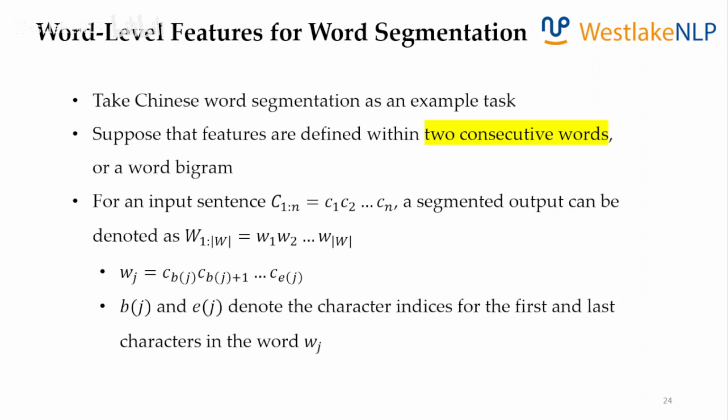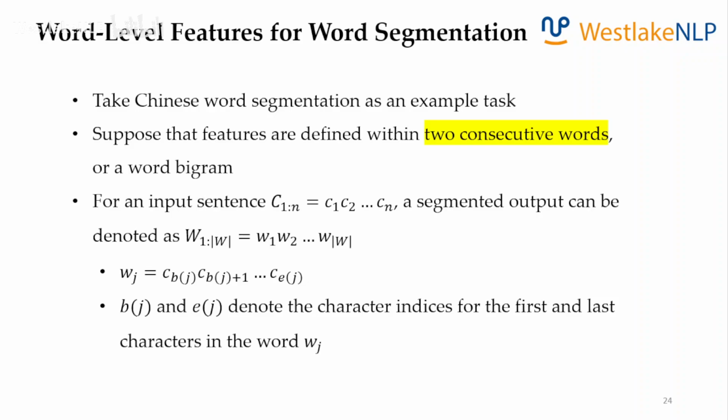They're functions: B means beginning, E means end, j is a parameter, and the return value is the character index. Let me give an example. If the input character sequence is these, and the first character is a word, the second and third characters are a word, then W2, when j is equal to 2, will be 昨天, yesterday.